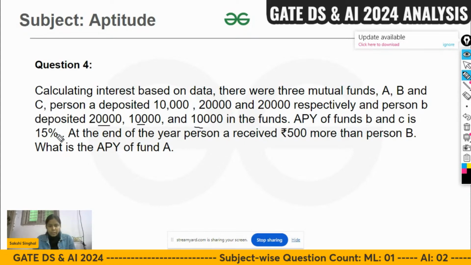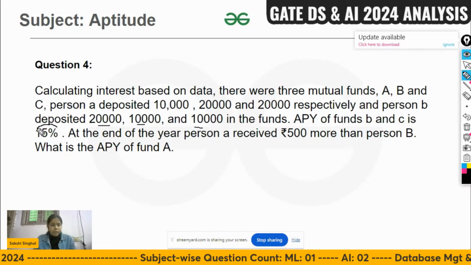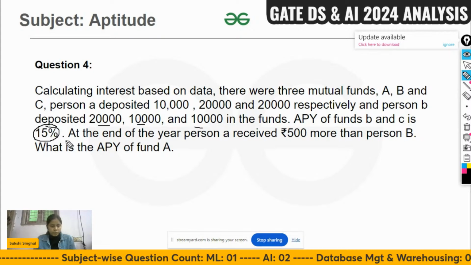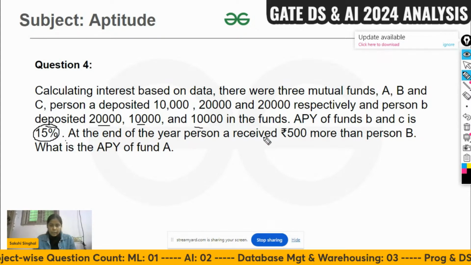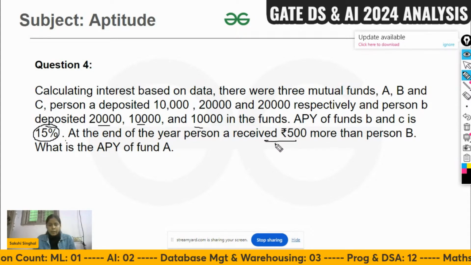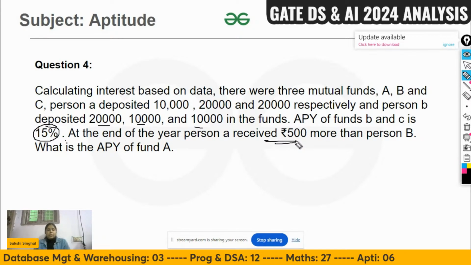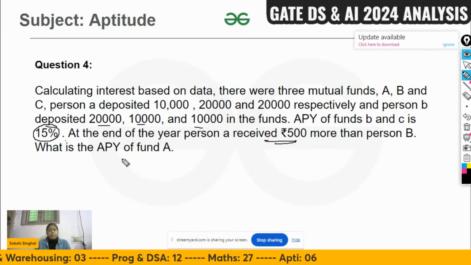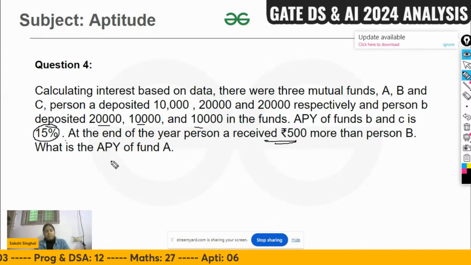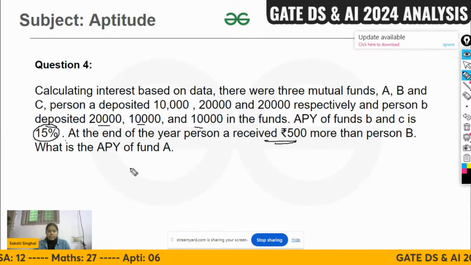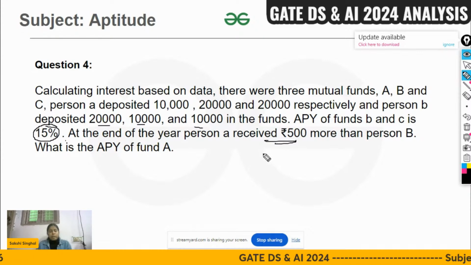Funds B and C have an annual percentage of 15%, and person A received 500 more than person B. Then we have to find out what interest person A is getting on the A deposit, right? So what would I do?